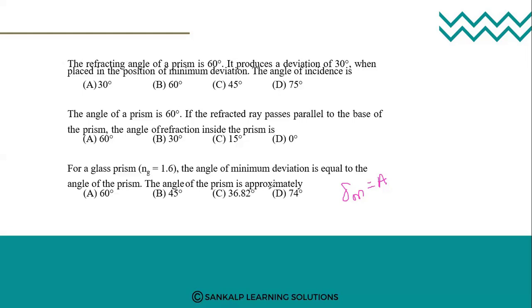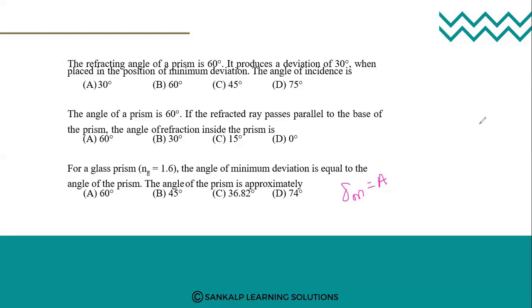They have given a hint, only the refractive index value. And they have specified that both are equal, angle of minimum deviation and the angle of the prism. See how to solve this here, students.